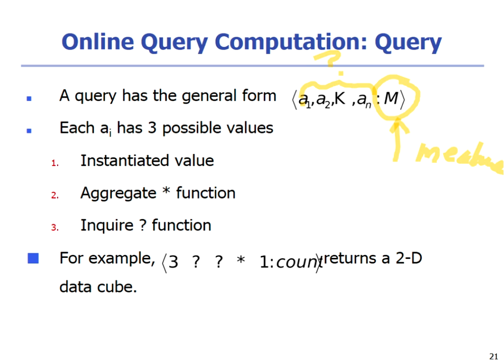Okay, so this represents a query, an online query. And each Ai has three possible values. Instantiated value, that means a specific value. Aggregate star function. So star in the query means irrelevant for us. And inquire, with an interrogation mark, that means required.